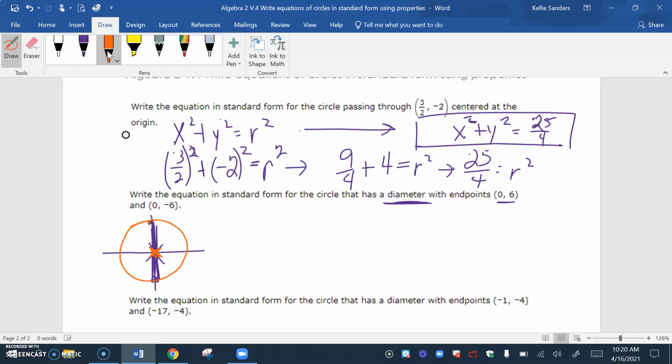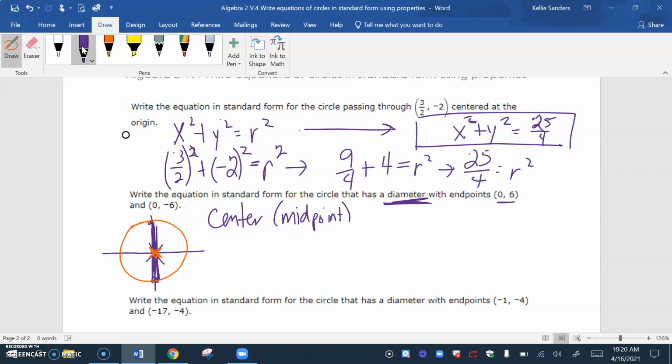So where would that be? That's why I said this is kind of obvious, because if you're at 0, 6, and 0, negative 6, what's in the middle? 0, 0, right? But let's pretend that we don't know that. And so if it gives me the diameter endpoints, then to find the center, we are going to do midpoint formula.